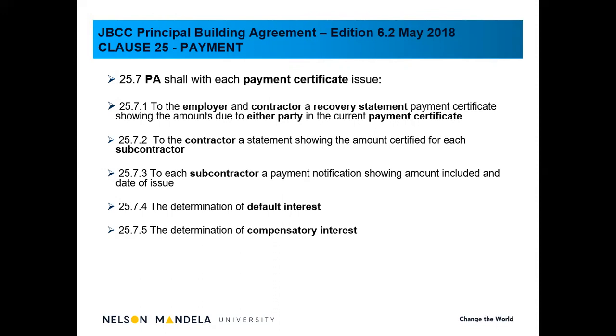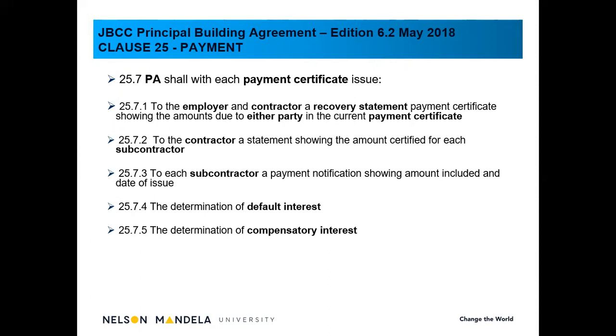25.7, the default interest. Now, that is a calculation on its own. Default means someone is in default. And in this case, just a typical example which I've used is where the employer was late in payment. The previous certificate was paid late. So therefore, in my current certificate, I will then add on interest.